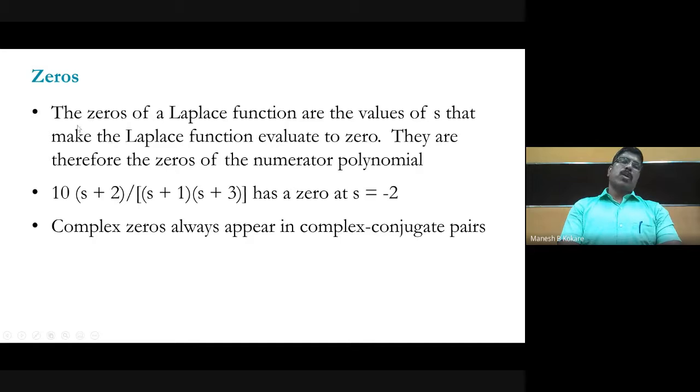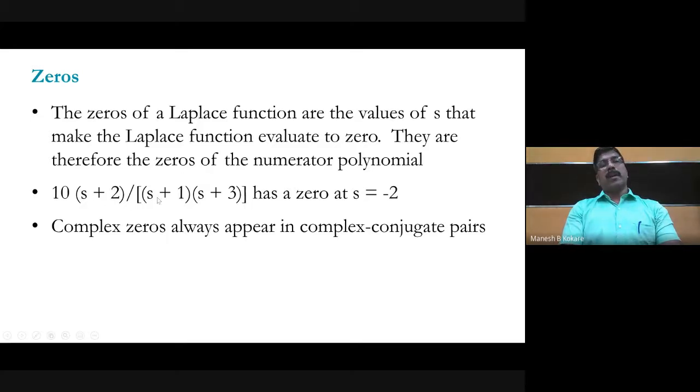As I told you, the zeros of a Laplace function or a transfer function are the values of s that make the function evaluate to zero, so they are the zeros of the numerator polynomial. If you find the roots of the numerator, those roots are called zeros. In the earlier example, 10 into s plus 2, this 10 is the open loop gain, and s plus 2 is the numerator root, which is called a zero.